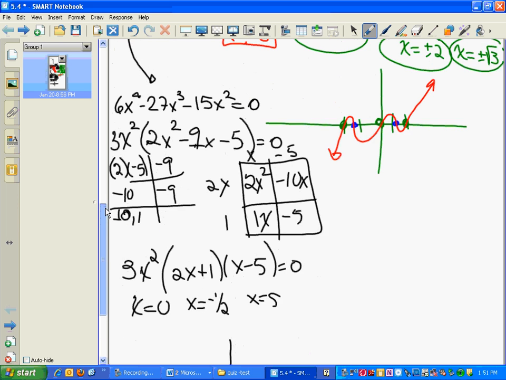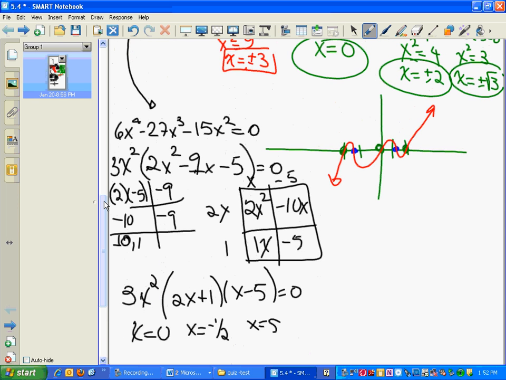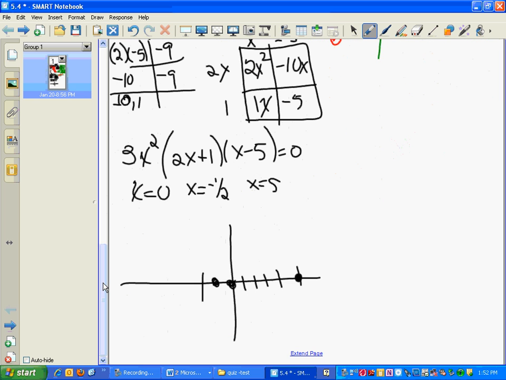And again, if this was set equal to y instead of 0, what would the exponent be? The exponent. What's the highest exponent? So that means if you body graph this, it is going up, okay? What happened at 0, though?